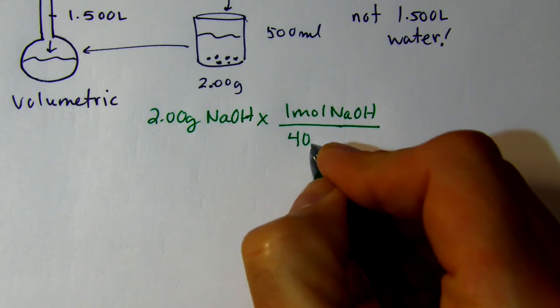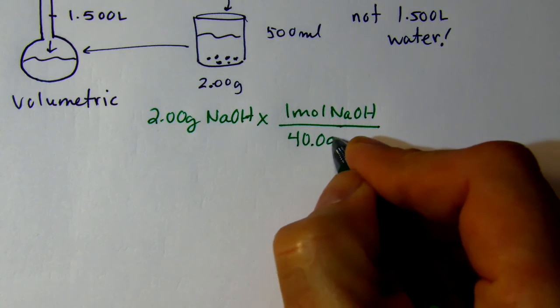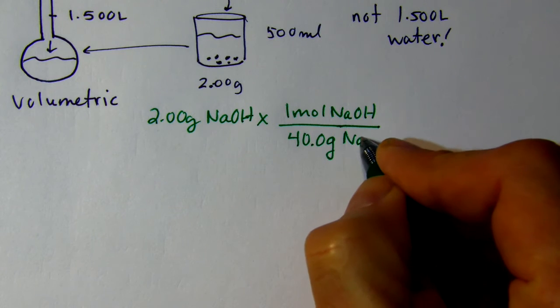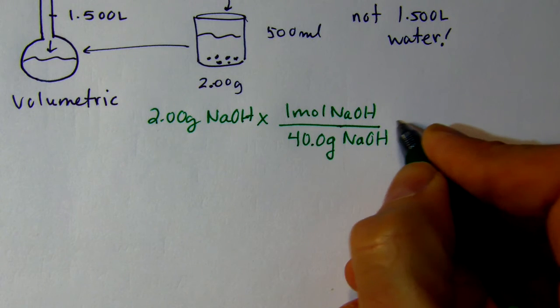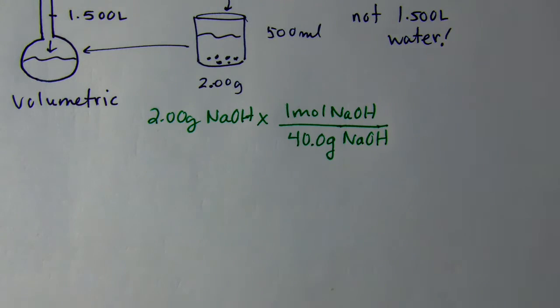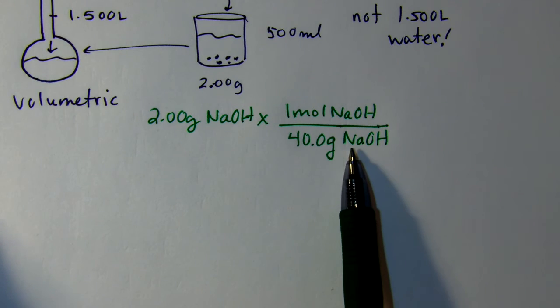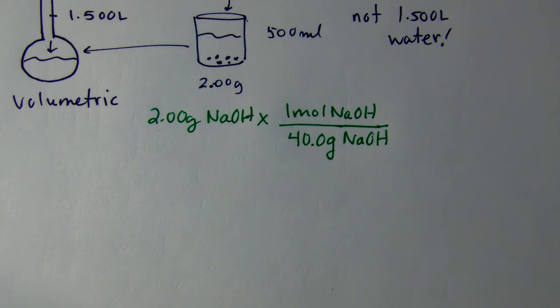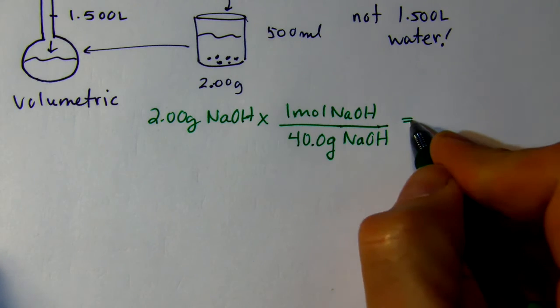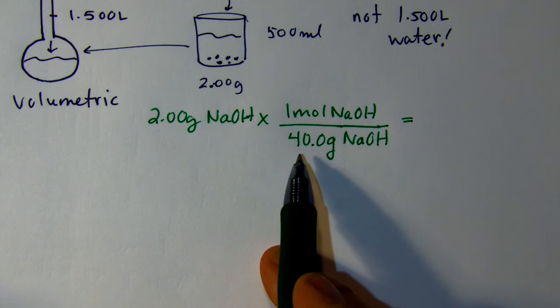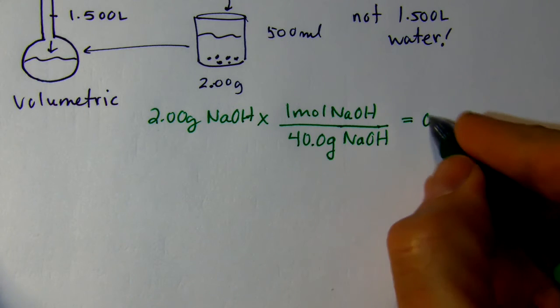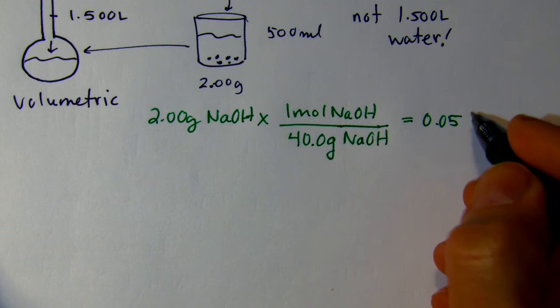If you add up sodium plus oxygen plus the hydrogen, you get 40 grams. We're not going to do that now, but it's 22.98 on the periodic table, plus 16 plus 1. Okay, so do that step first. 2 over 40 is 0.05.